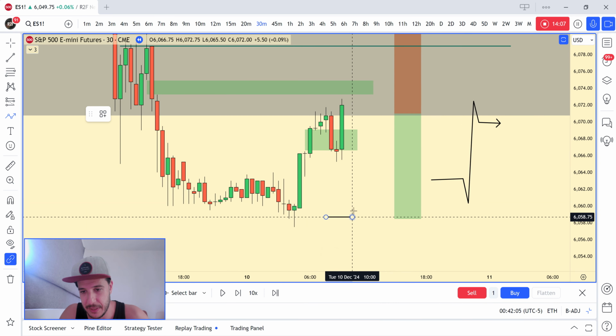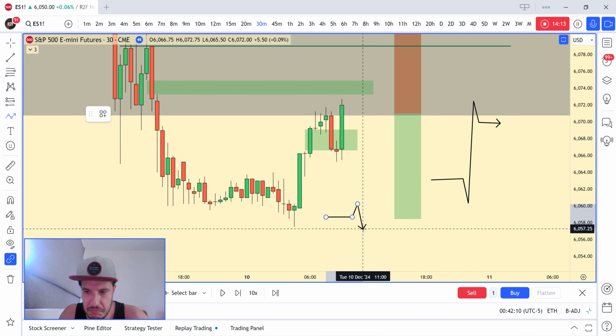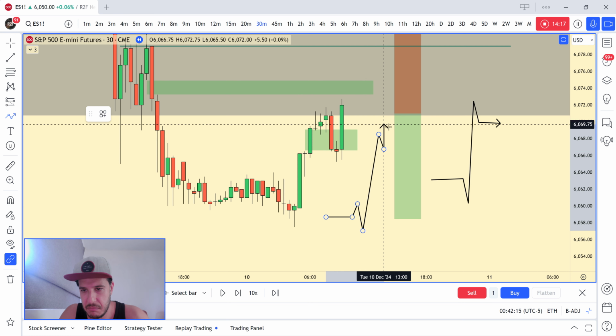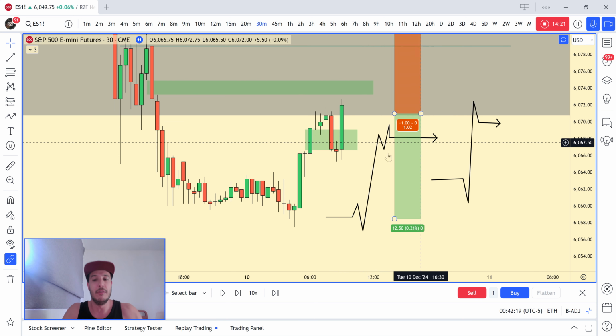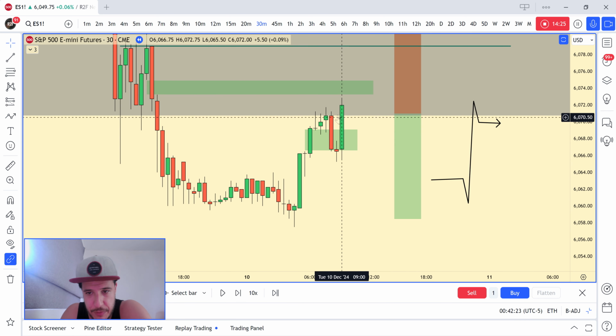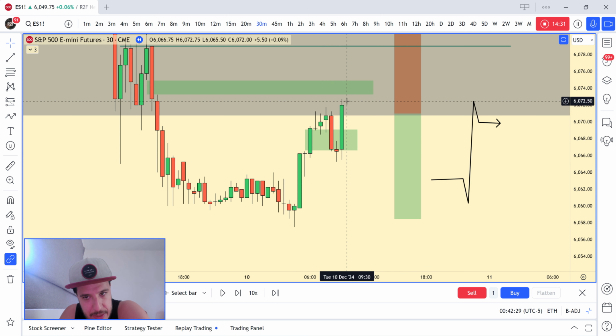So you may get something like this, in terms of a power three, or even more fine. So there's always one manipulation first. The people that are jumping into this move, FOMOing into this move down, they get wrecked. The next move down is likely going to be the real move.